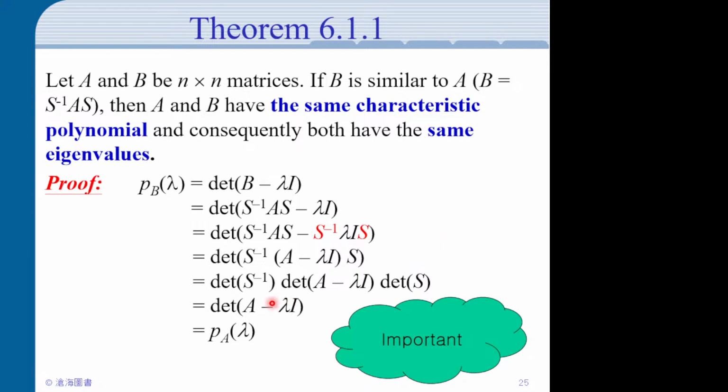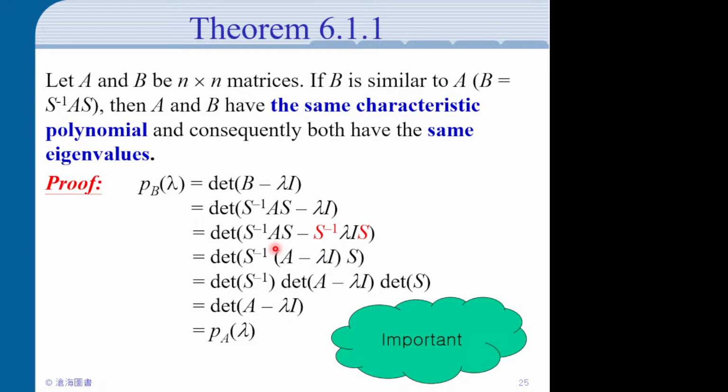And now we use something that is very important and useful but never used: the determinant of a product of matrices equals the product of the determinants. It's very important, so we check it in the midterm.